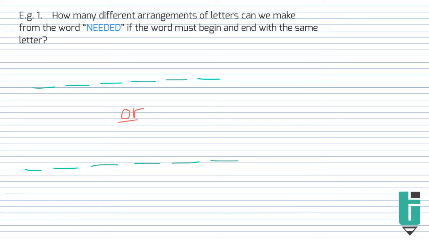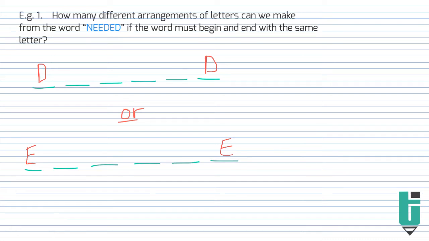So let's fill in these letters as best as we can into the blocks. If we look at the first case, let's start by putting a D in the front and the back. In the second case, instead of using a D, we're going to have an E in the front and the back. That leaves us with the remaining letters to fill in the middle.